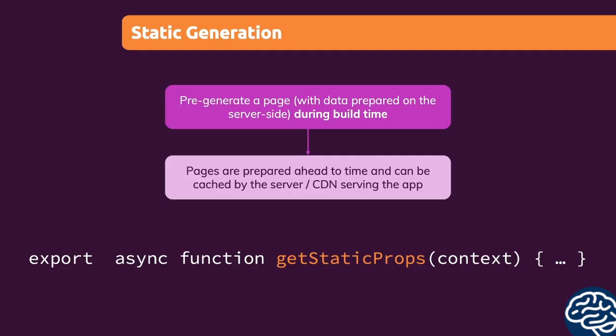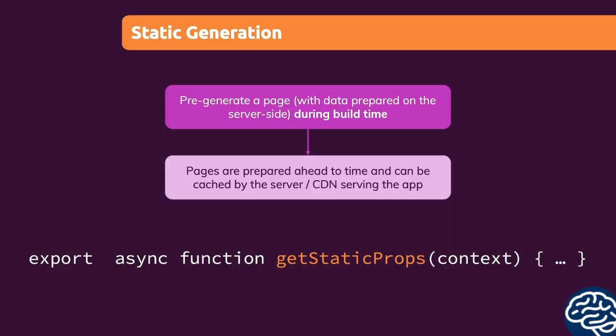So in that function, you don't run client-side code, you're not restricted to that, and you don't have access to certain client-side API, you don't have access to the window object, for example, but instead you can run any code you want that normally would only run on the server side.